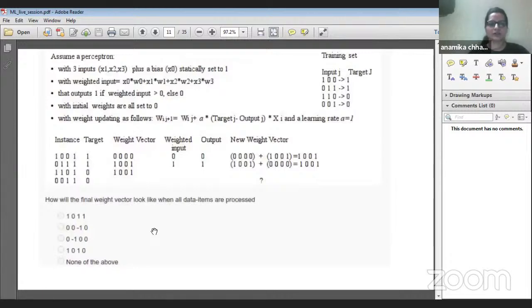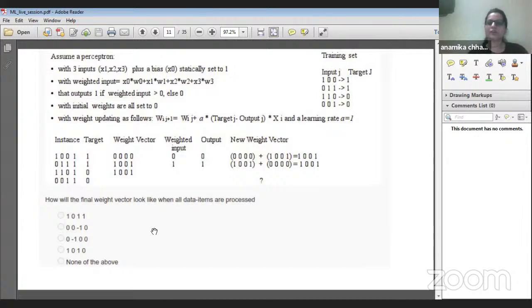All right, so now let's come to a question on the perceptron. Here again, like we discussed initially, it is the single artificial neuron. We have different inputs, and we have weights associated with these different inputs.